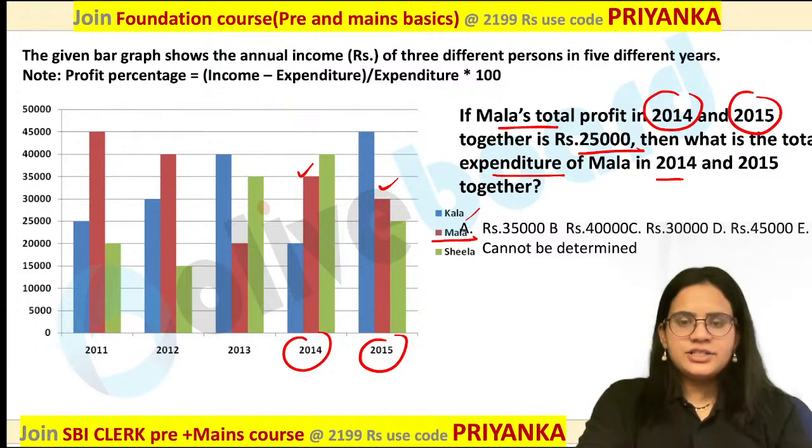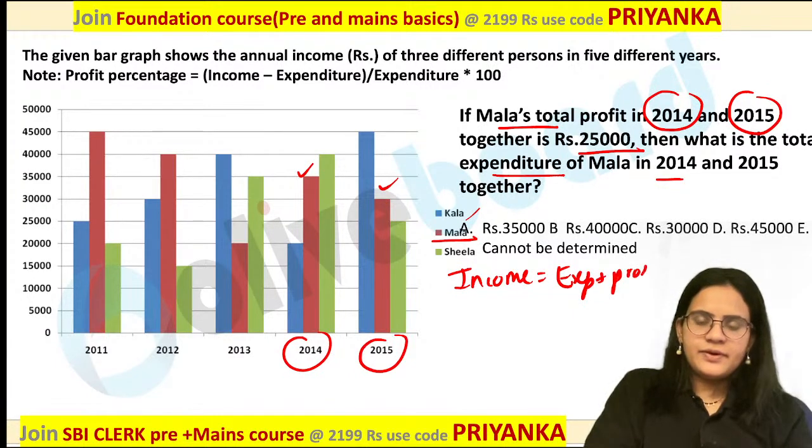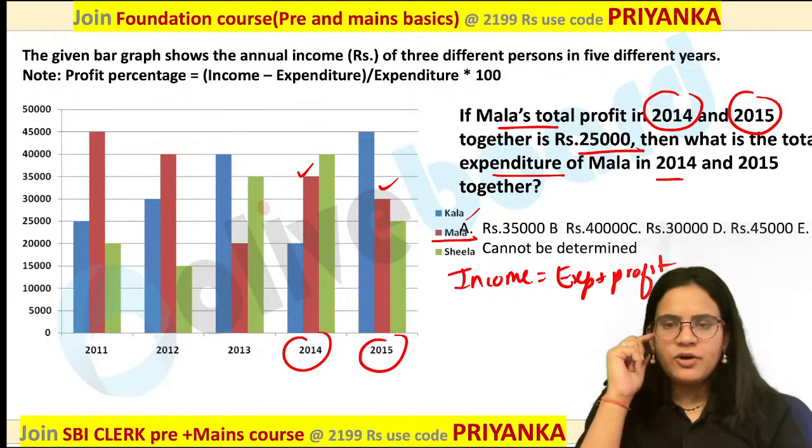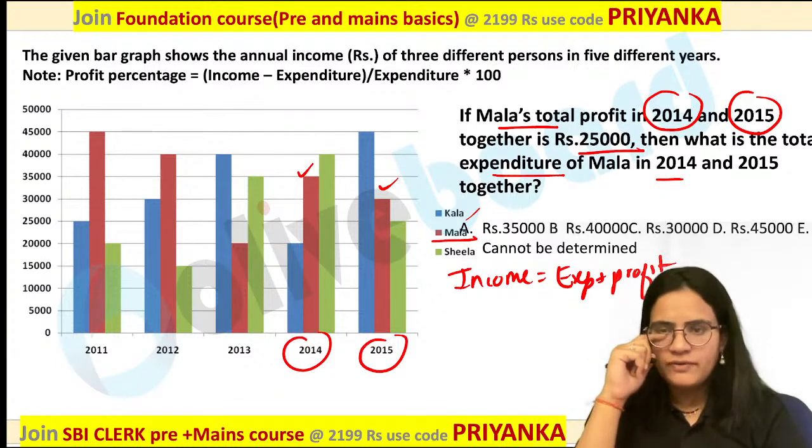Now please pay attention. When you are calculating this value, simply you have to use the formula. Your income value will be equal to expenditure plus your profit value over here. Are you getting it? Simple formula you have to use. Income value is nothing but expenditure plus profit value.